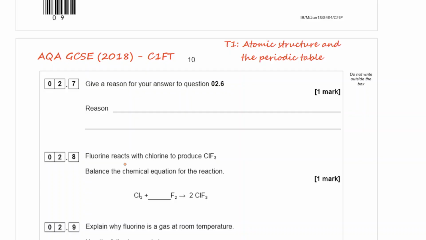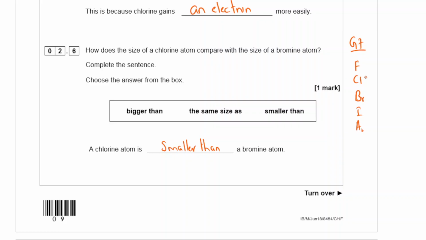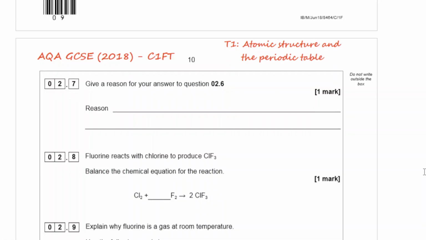Now, again, if you look at the order, this is in the first period. Actually, that's in the second period, which means it has 2 shells. Chlorine has 3 shells. Bromine has 4 shells, iodine has 5, and astatine has 6. So chlorine has fewer shells, or energy levels, than bromine.